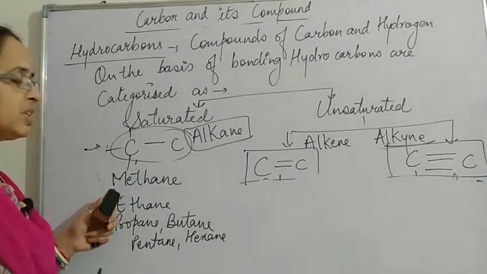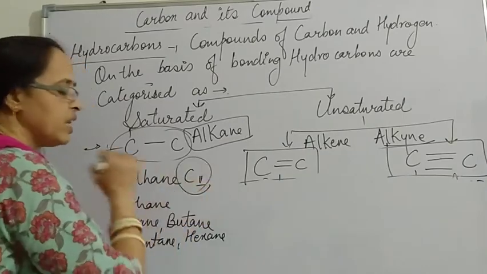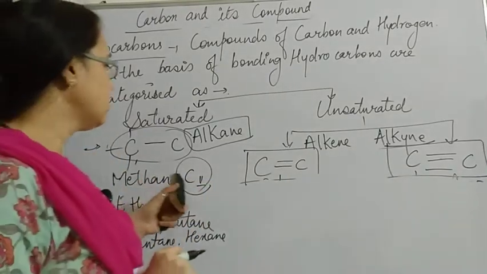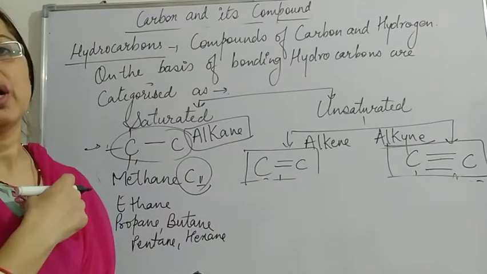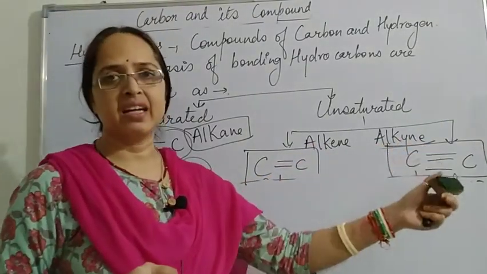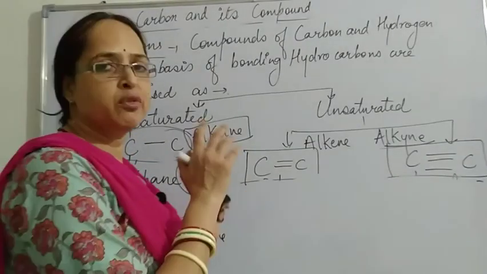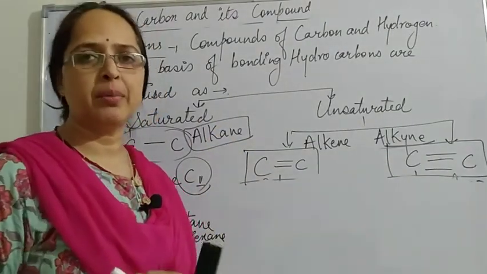Methane has only one carbon and 4 hydrogen atoms. But alkene and alkyne require 2 carbons for the first member. That means their first member begins with a 2 carbon compound.